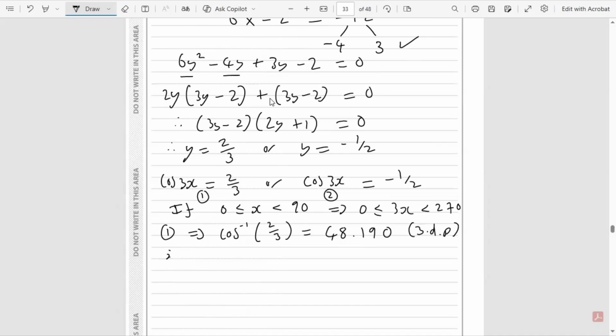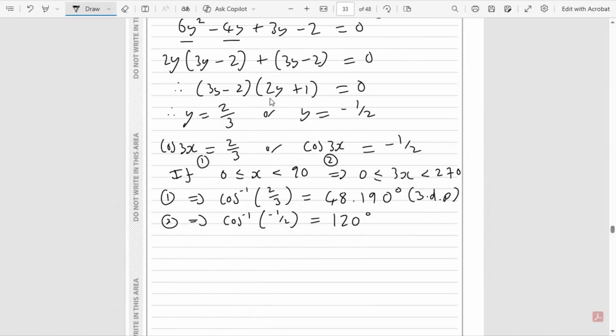And then from equation 2, I'm going to take cos inverse of minus a half. And on my calculator, this gives me 120. So 120 degrees for that one. Now, both of those angles are between 0 and 270, so they're both okay.